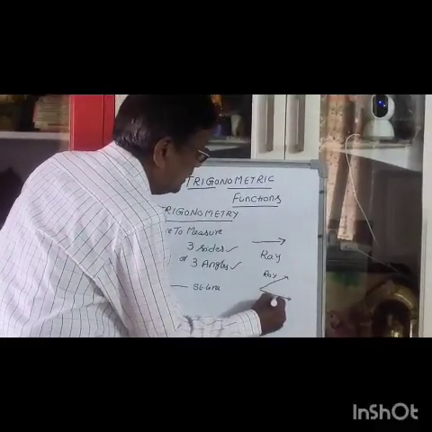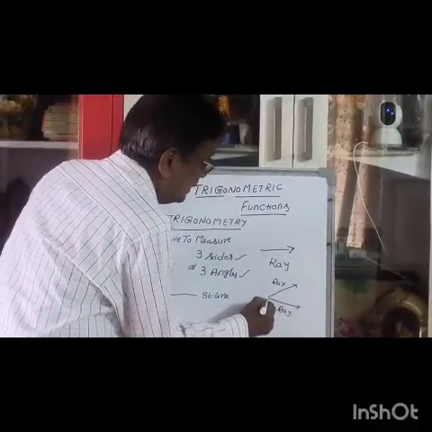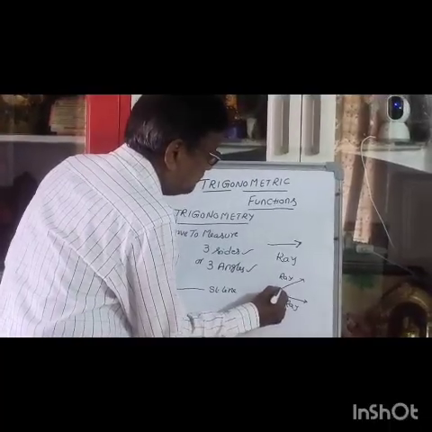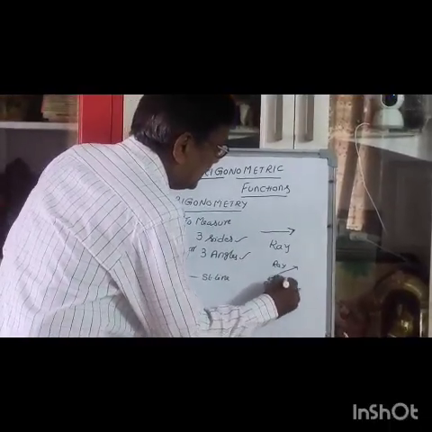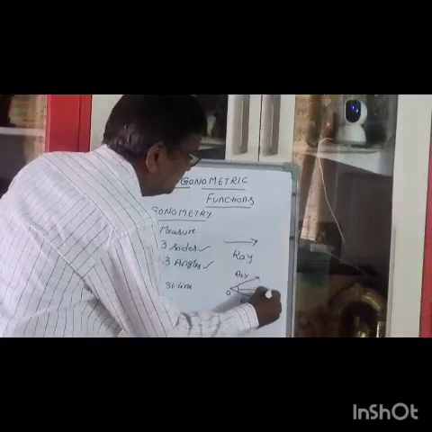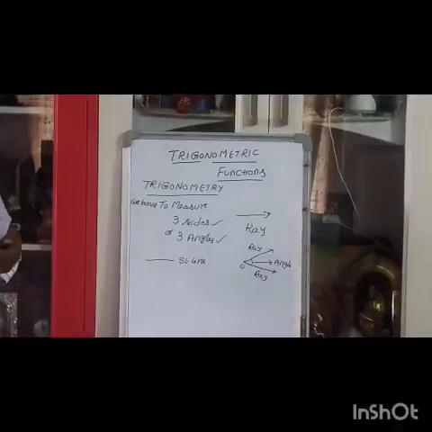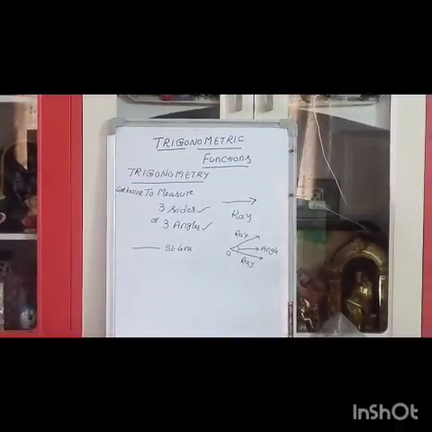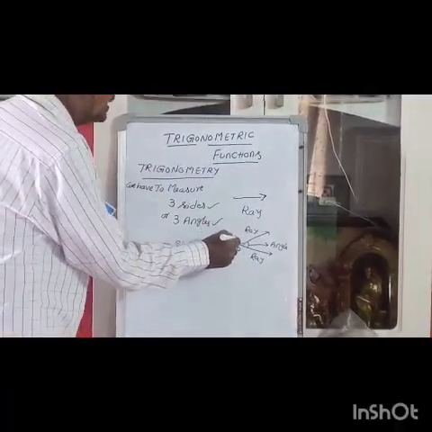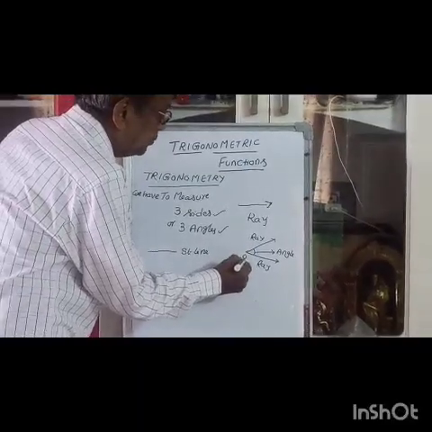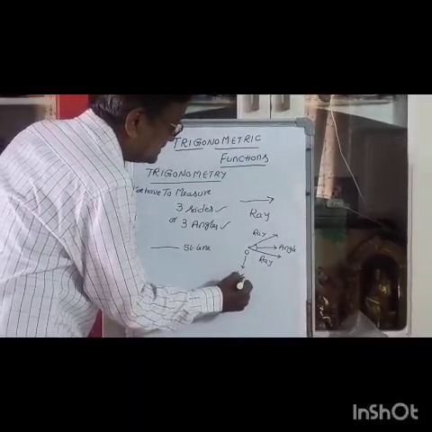This is one ray, this is another ray. An angle is the union of two rays, and the end point of the union of two rays is called the vertex.